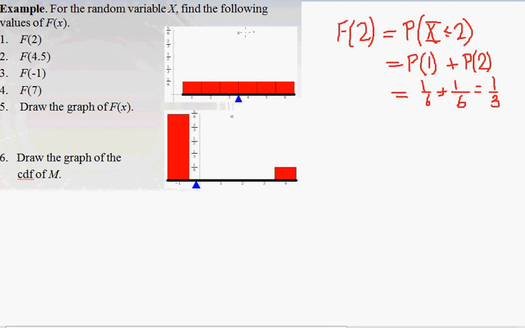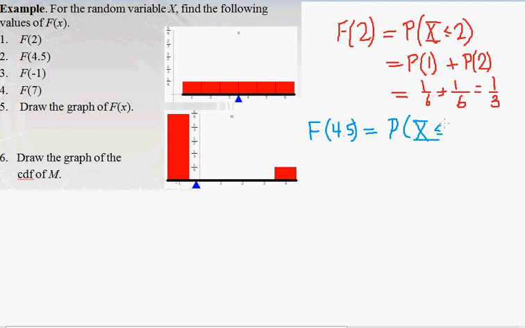For part 2, F of 4.5. So F of 4.5 is the probability that x is less than or equal to 4.5. And there's only 4 ways that can happen.